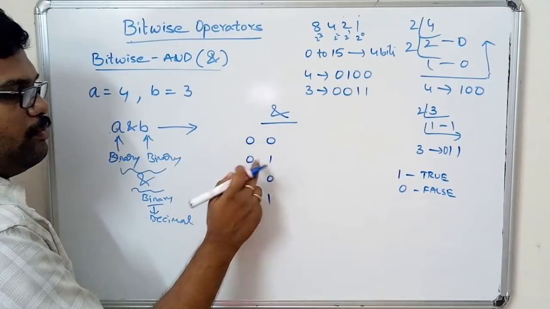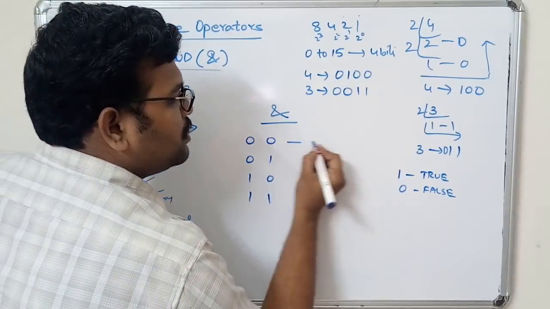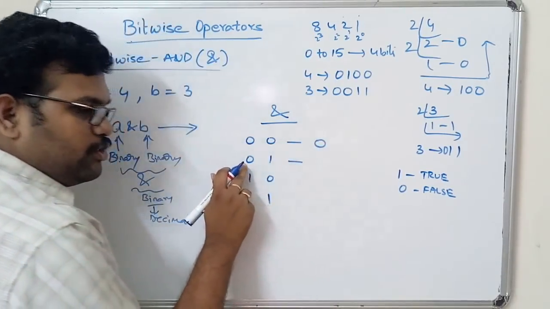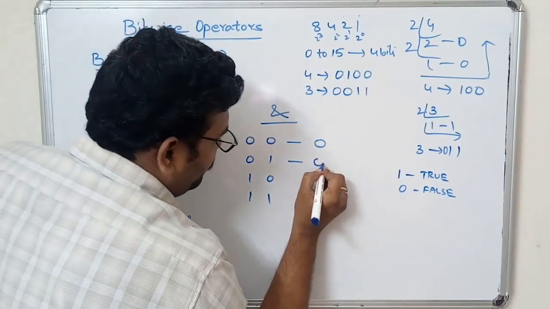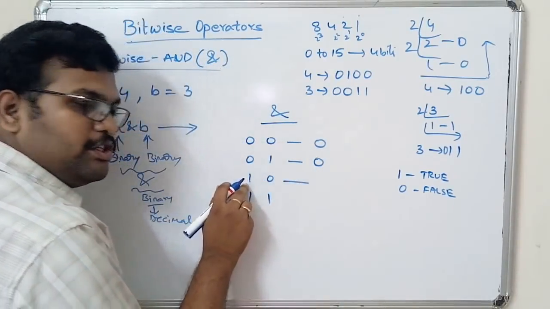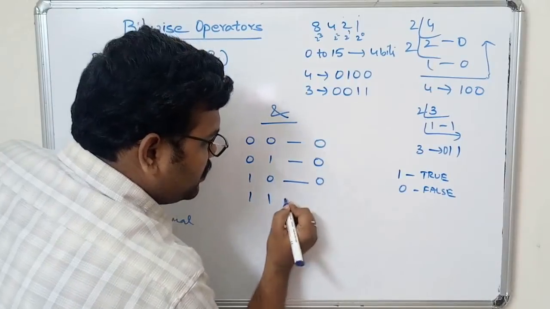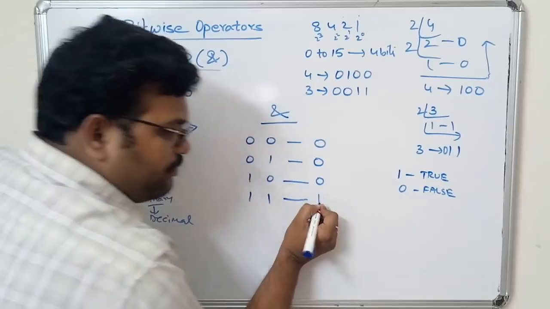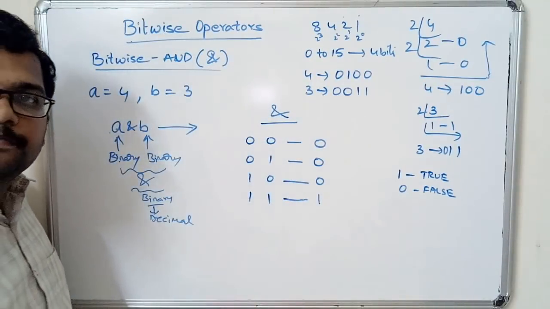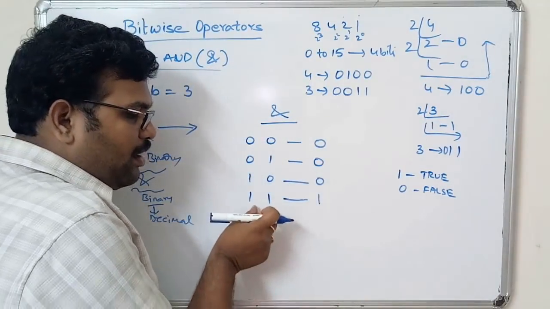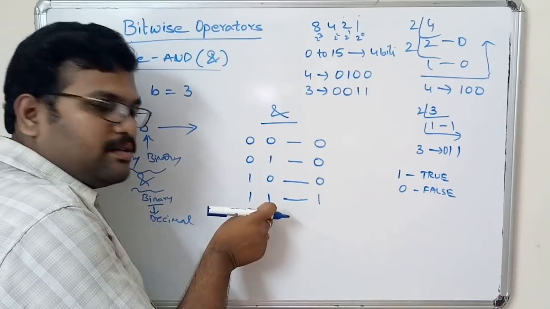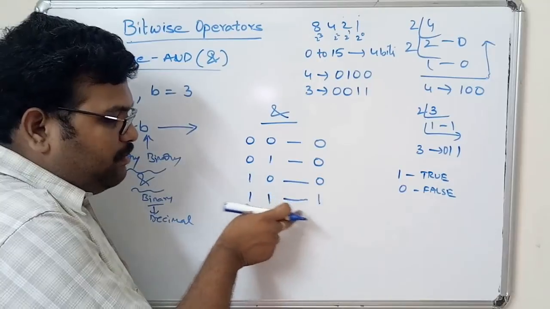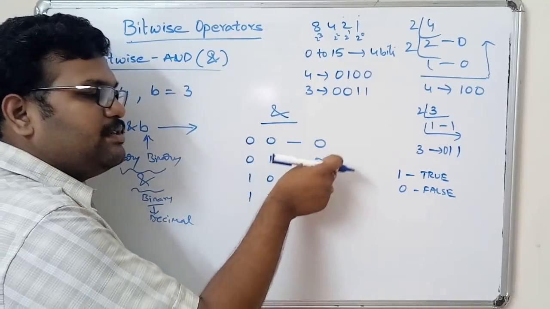If both are zeros, obviously the resultant will be 0. If one is true and one is false, the resultant will be false. Here also the same, one is true and one is false, the resultant will be false. If both are true, then only the resultant will be true. That is the AND operation. Only if both are ones can we get the resultant 1. Except this one, all the remaining cases will be zeros.